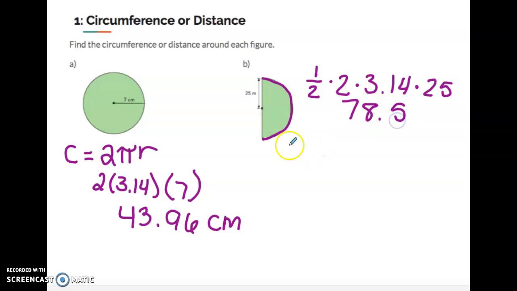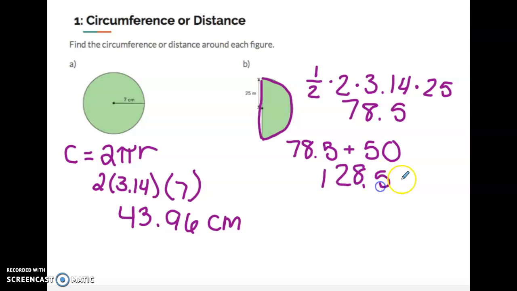But we're not done because we want to find the whole distance. So we also have to find this piece. So we want to add 78.5 plus the straight edges. Now we have a 25 and another 25. So that's 50. So 78.5 plus 50 is 128.5 meters.